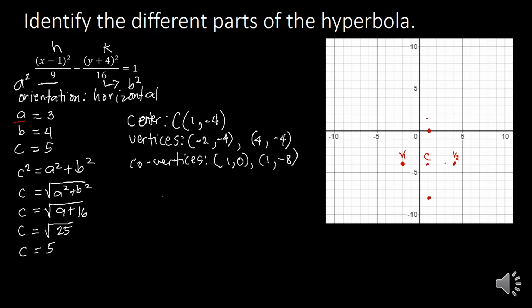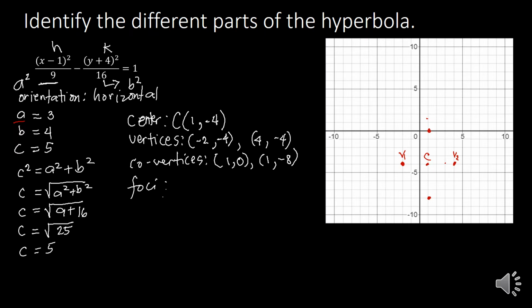The foci will be located innermost of the opening of the graph. Locating that one will be utilizing our C there. From the graph, our C is 5. Take note, the foci will also be located where your vertices are. If your vertices are horizontally related, then the foci are also horizontally related.